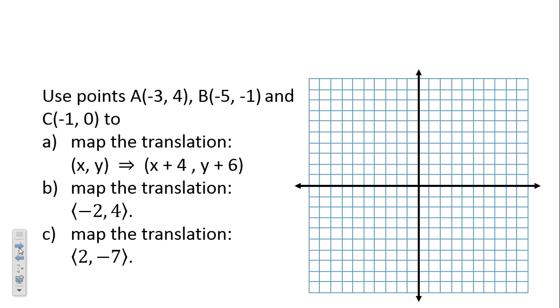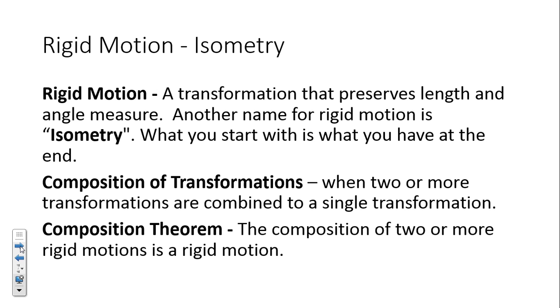Okay. All right, so let's talk about rigid motion and isometry. Rigid motion, second from the last box. Rigid motion is a transformation that preserves the length and the angle measures. Another name for rigid motion is isometry.